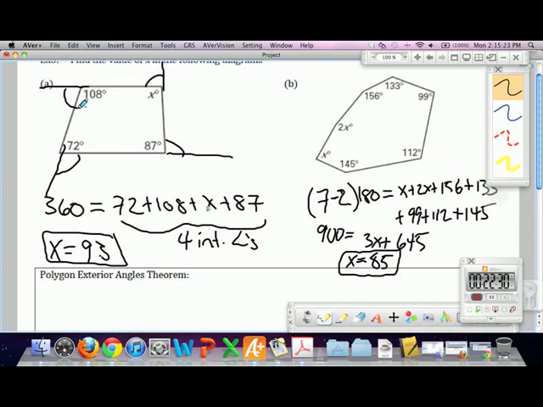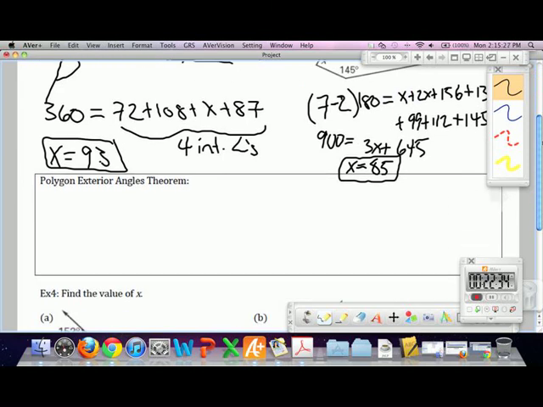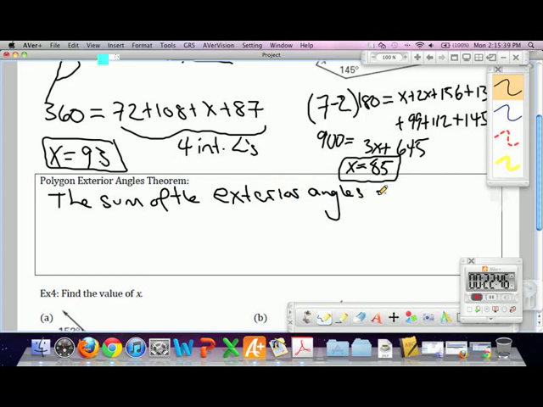The polygon exterior angles theorem says that the sum of the exterior angles of any convex polygon, and we'll look at just one per vertex.